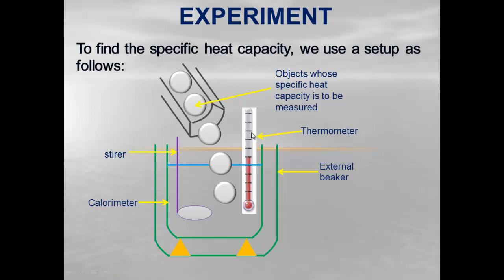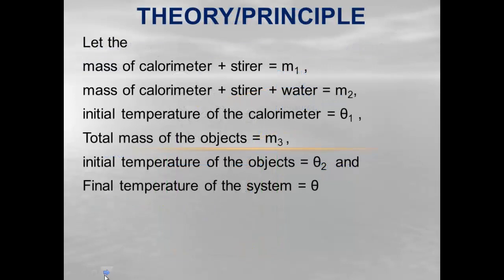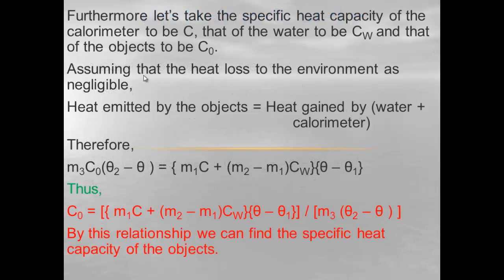Now, in this experiment we assume that the heat loss to the environment is negligible. If you make an assumption like that, you need to make sure that your assumption is working correctly.